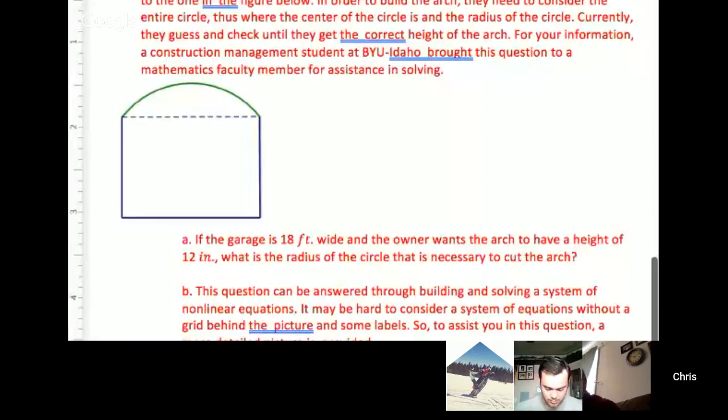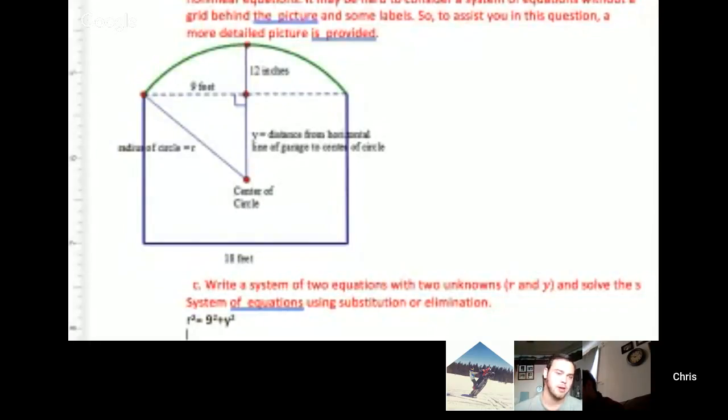So what do we try to solve in the first place? I think we need to solve it for the radius. Because if we can find the radius, this is going to look the same on all three sides.